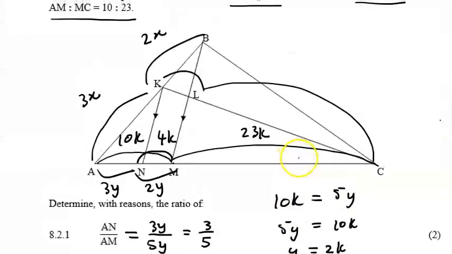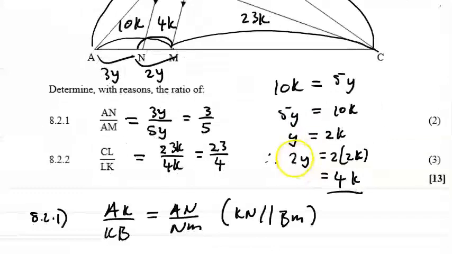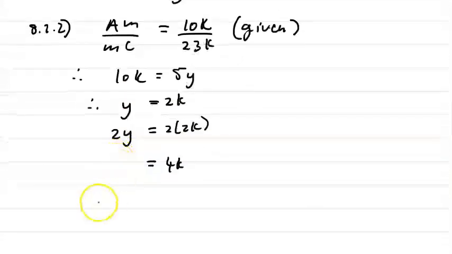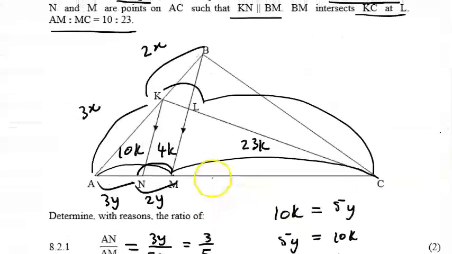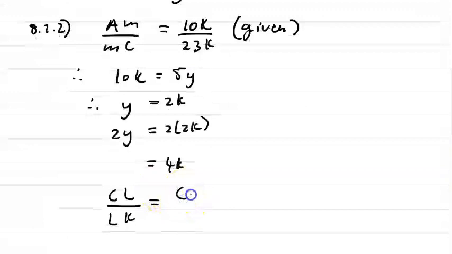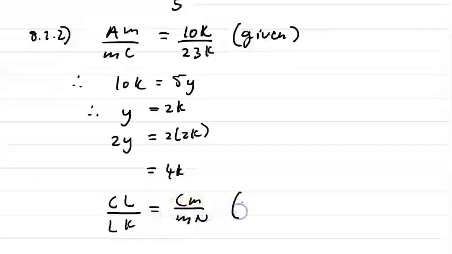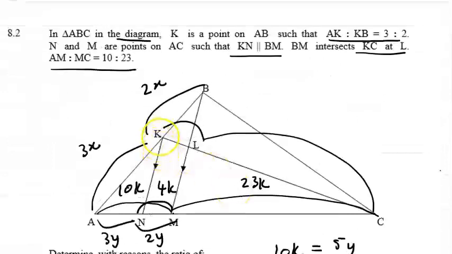Now from there, we said that CL over LK is going to equal CM over MN. And that is because KN is parallel to BM.